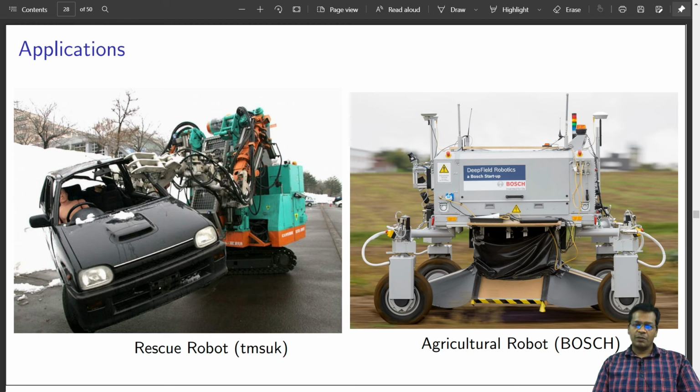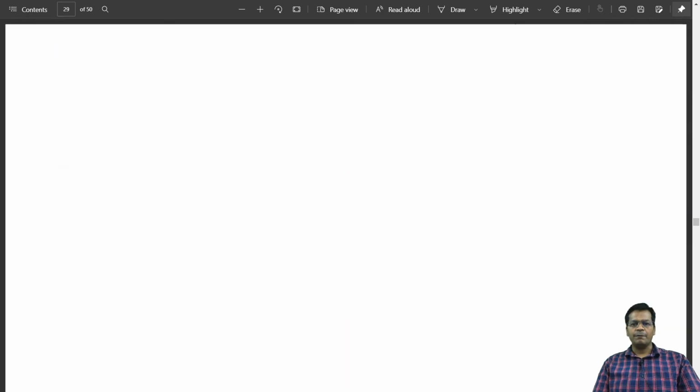Agricultural robot developed by Bosch. There are many other agricultural robots which do deep field robotics, and they move at a faster speed definitely, and they can do seed sowing, harvesting, pick up samples, and test the mud samples. Those things can be done.